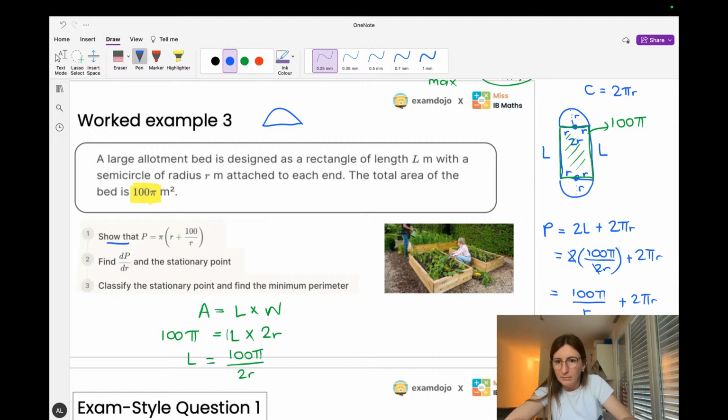Have I made a mistake somewhere here? I don't know if anyone can see if I missed something. I factored out 2 over there, 2 pi r.